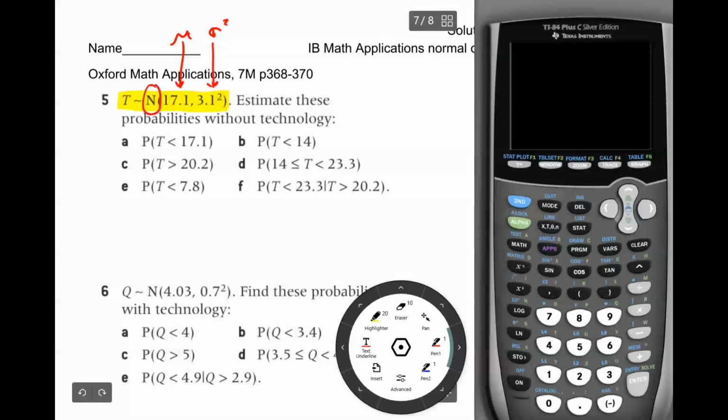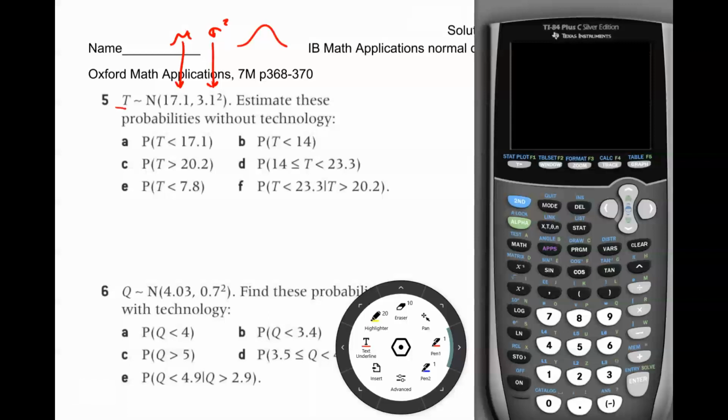What does the N mean? The N means that it's a normal distribution. They can use different letters to signify what kind of distribution it is. Remember, a normal distribution looks like a bell, but there might be other distributions, so that's why they have the letter here. T is just a random variable.